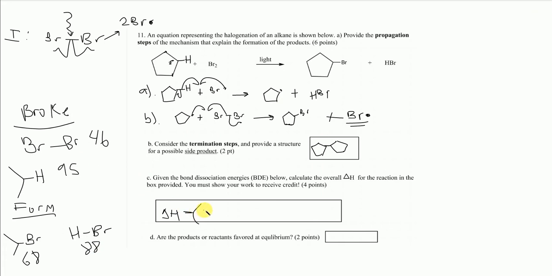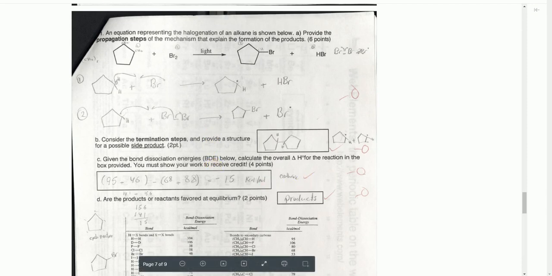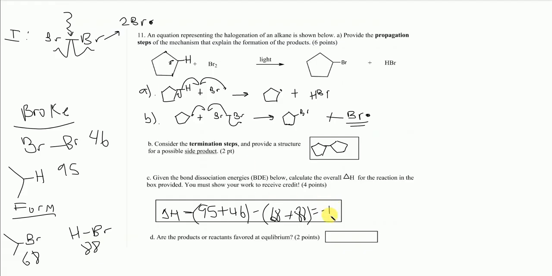So what I have is 95 plus 46 minus 68 plus 88, okay, equals whatever the answer is, negative 15. Okay, negative 15 kilocalories per mole.